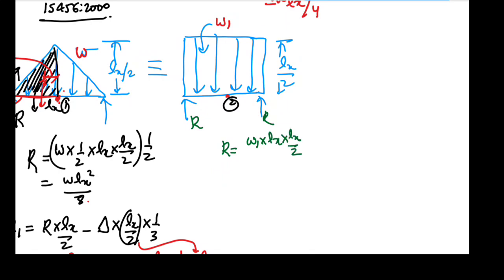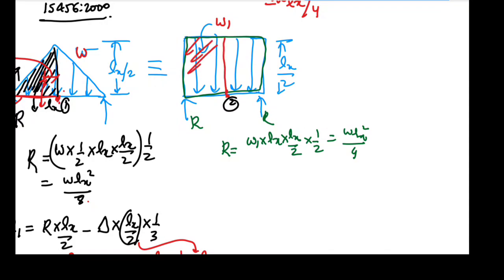This is the area of the rectangle. Okay, now we want half of that. For this reaction we need half of that, because there are two reactions. So this is 1 by 2. Okay, so what is this value? W1 Lx square upon 4.